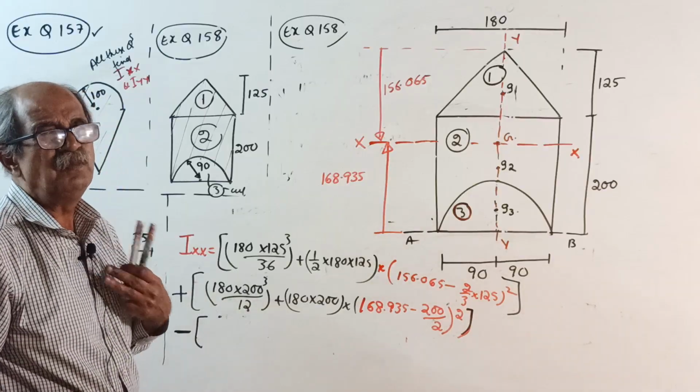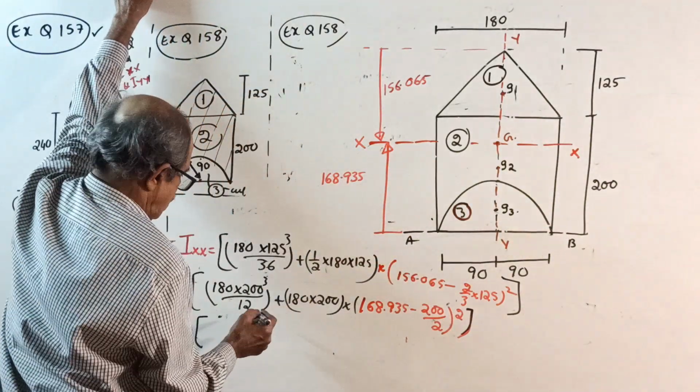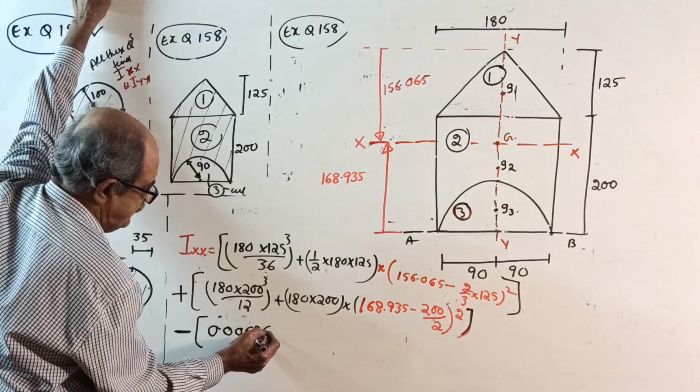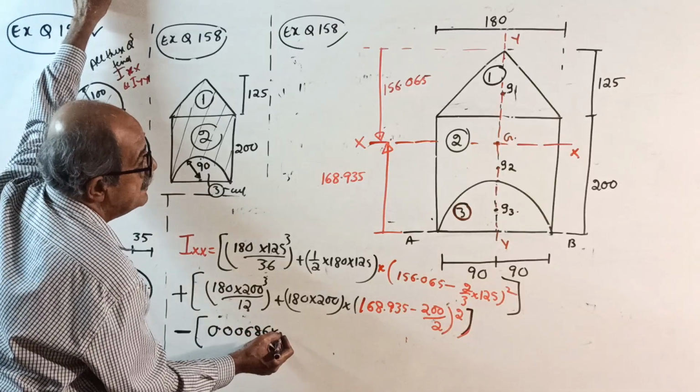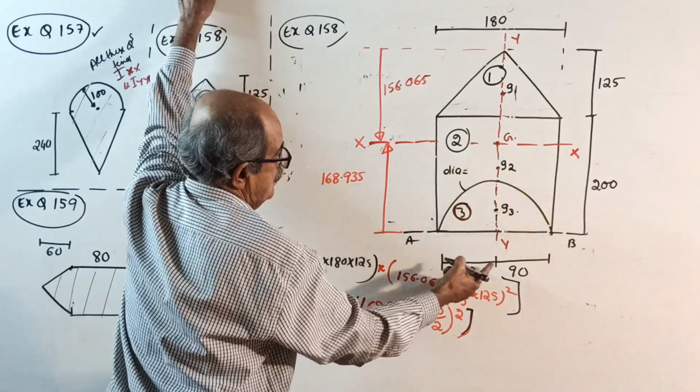This all I told many times. I about its own axis, 0.00686 into diameter. I forgot to write diameter here. Diameter is 180.